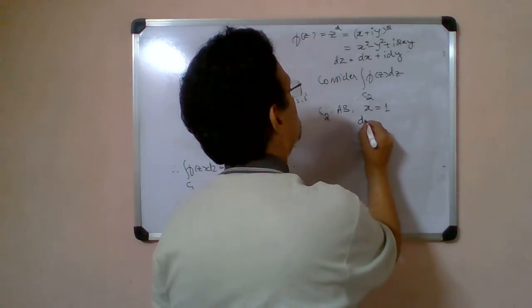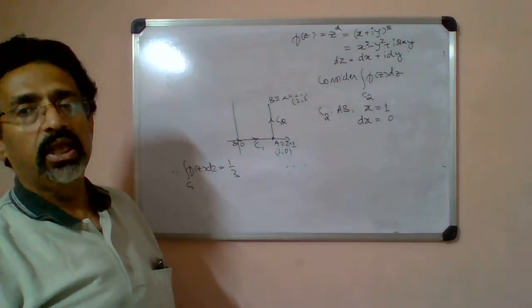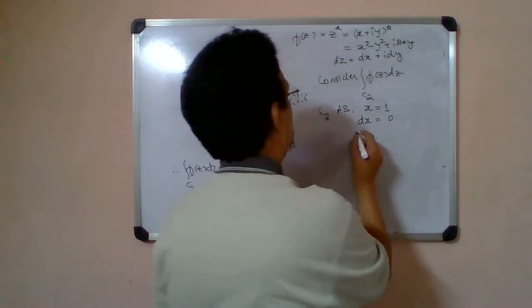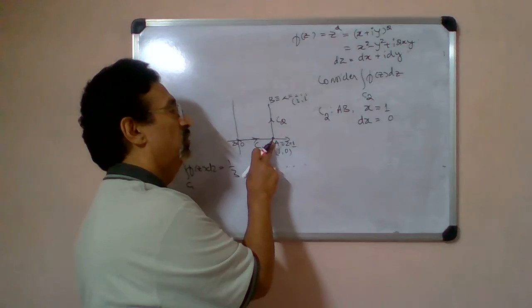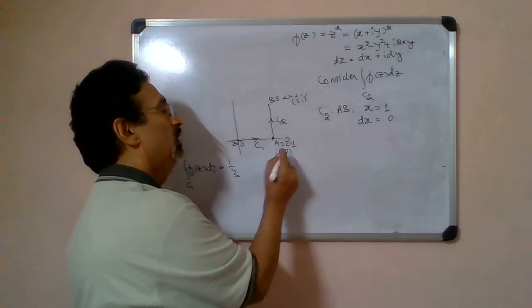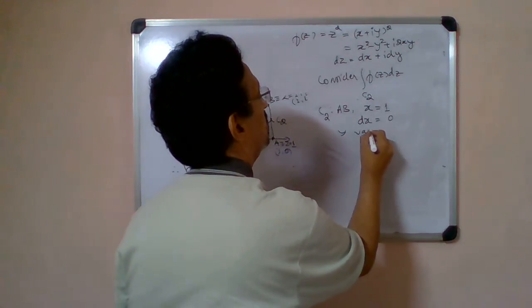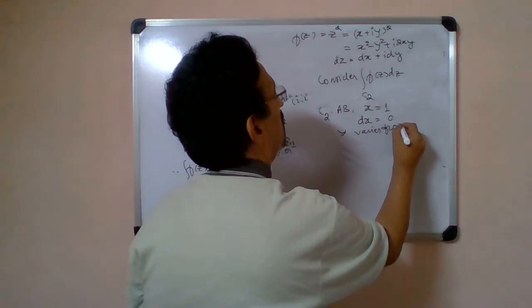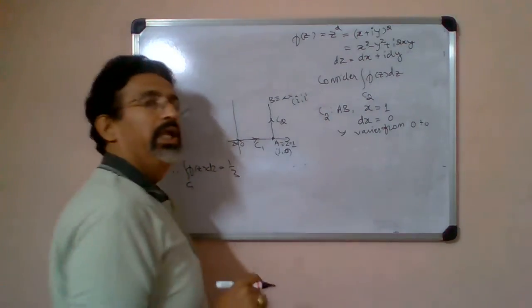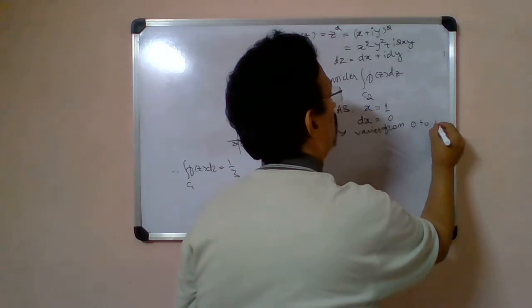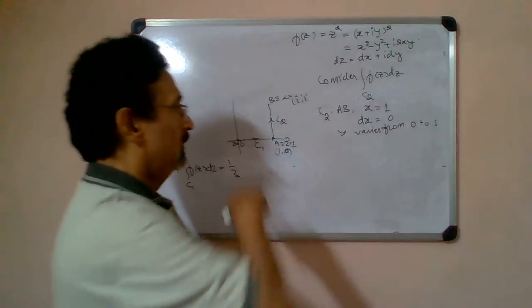Then if x is 1, what will be dx? dx will be 0. Then what is the value of y at A? It is (1, 0), so the value is 0. So y varies from the value of y at A, which is 0, to the value of y at B, which is 1. So y varies from 0 to 1.